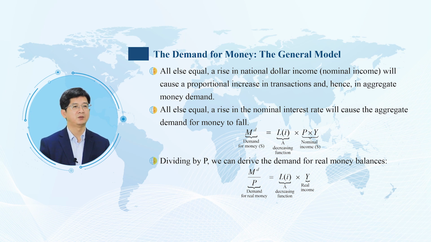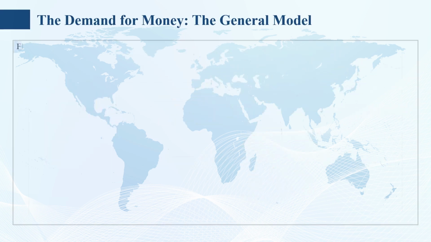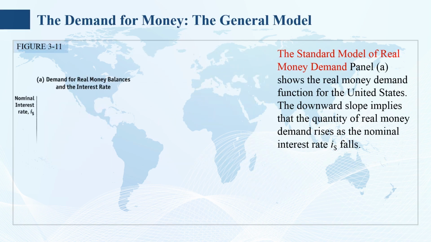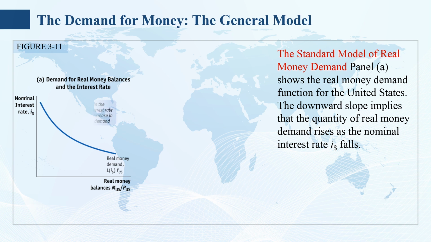Dividing by P, we can derive the demand for real money balances. MD over P is equal to L(i) times Y. It means that demand for real money is equal to a decreasing fraction times real income. Figure 3.11, panel A shows the real money demand function for the United States.